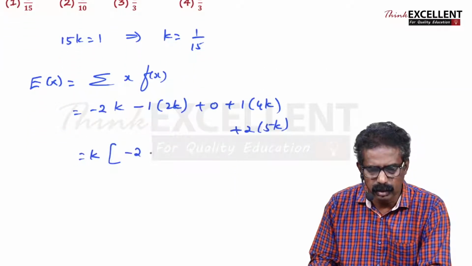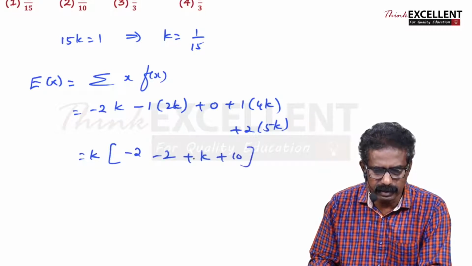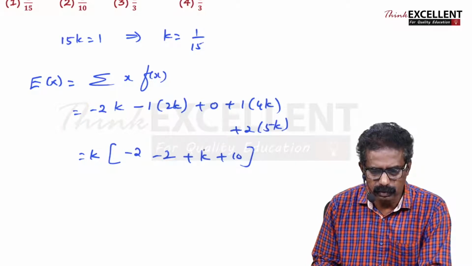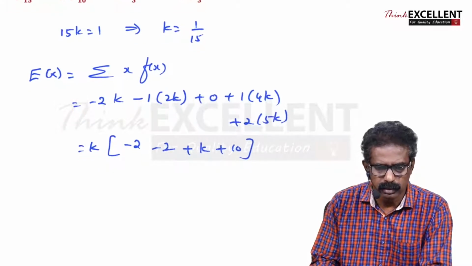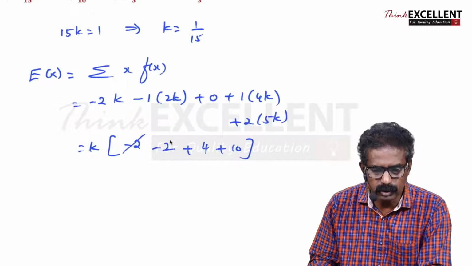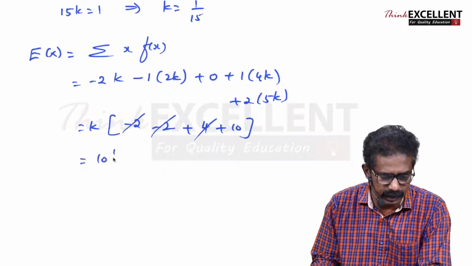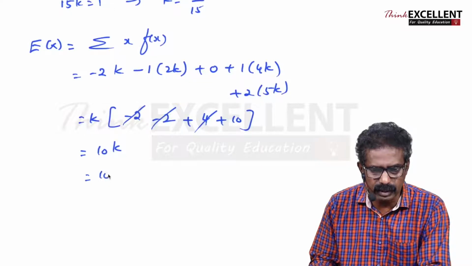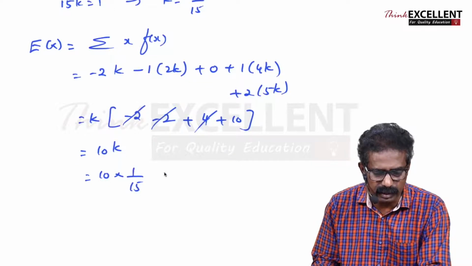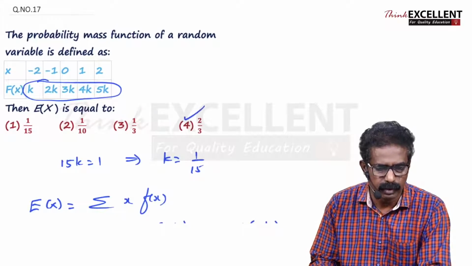Minus 2, minus 1 into 2 is minus 2, the 0 leave it, plus 1 into 4 is plus 4, plus 2 into 5 is 10. Minus 2 minus 2 is minus 4, plus 4 cancels. So 10k you are getting. So it is 10 into k value 1 by 15, cancel, 2 by 3. That is option number 4.